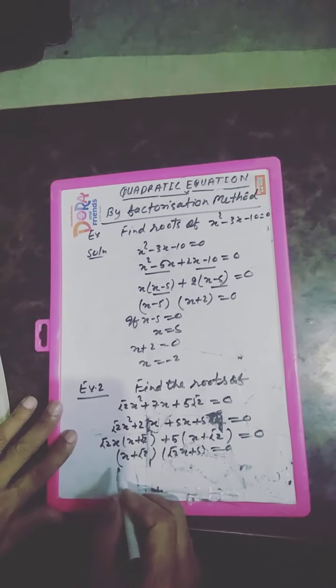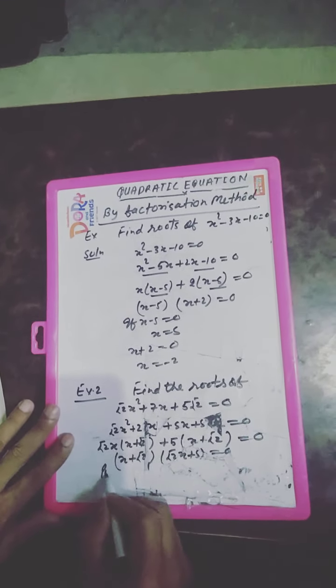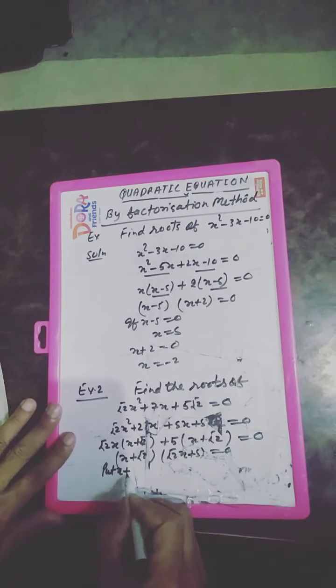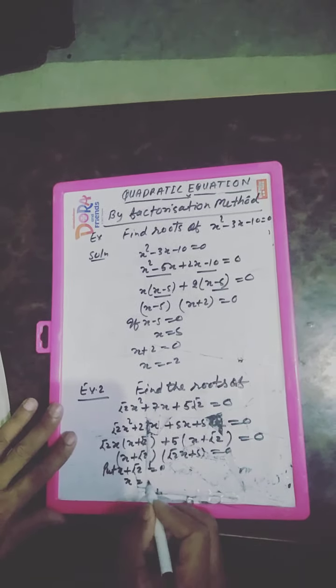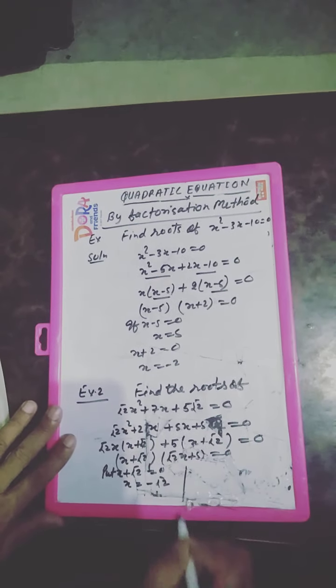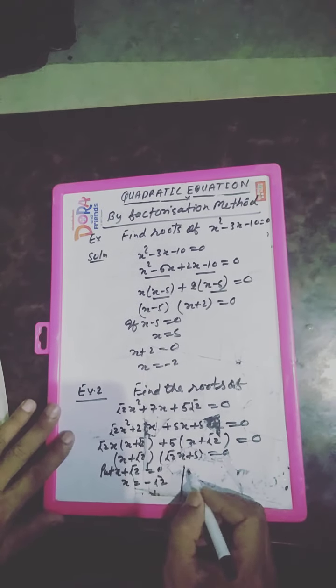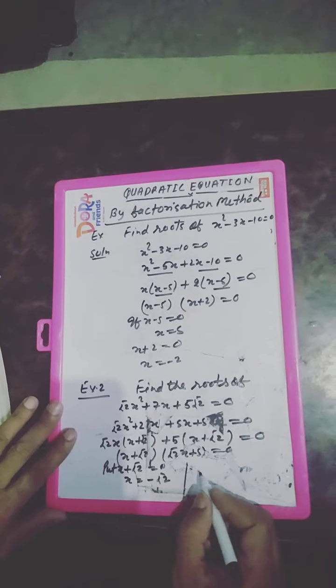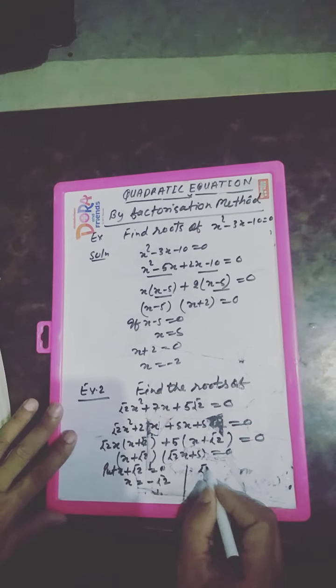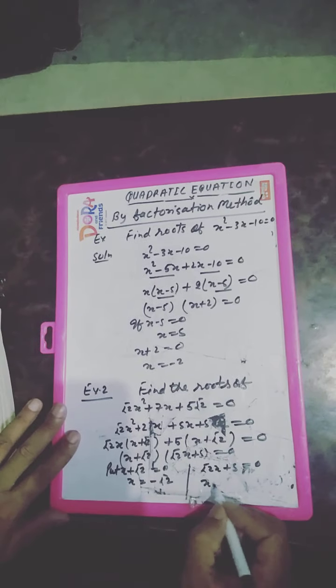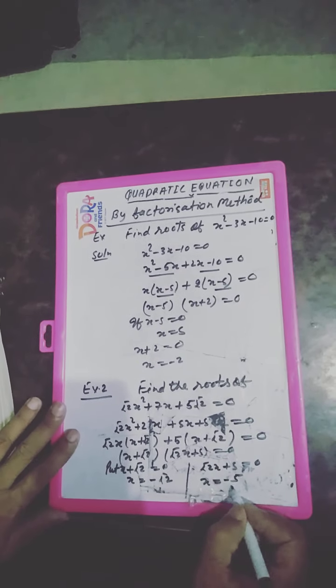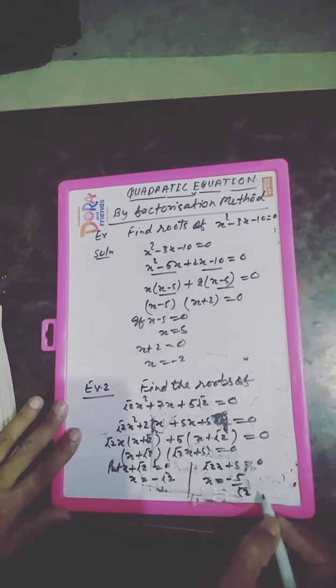So to find the first root, put x plus root 2 is equal to 0, so x is equal to minus root 2. Similarly, to find the second root, put root 2x plus 5 is equal to 0, so x is equal to minus 5 upon root 2.